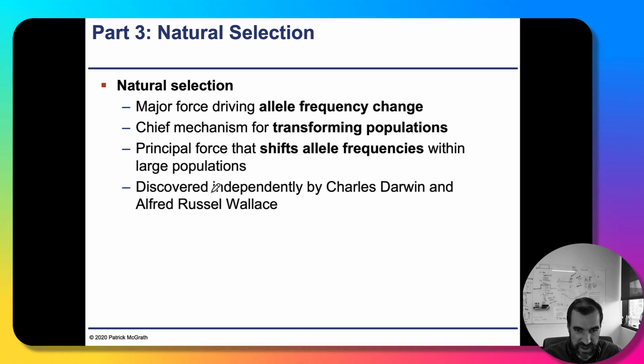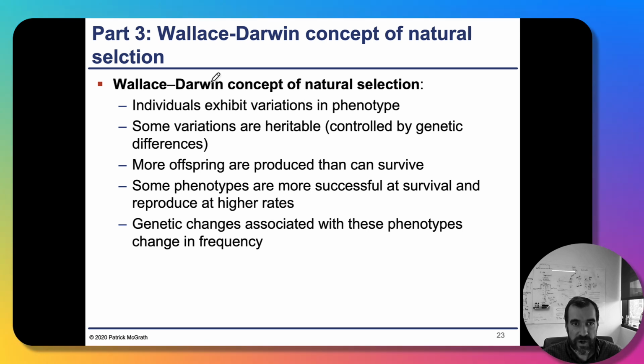This was originally discovered by Charles Darwin and independently by Alfred Wallace as a mechanism that could explain how species change. In this concept, individuals exhibit variations in phenotype.